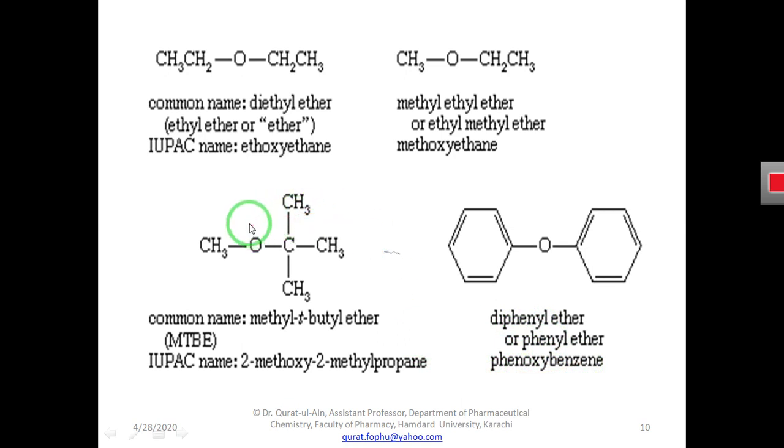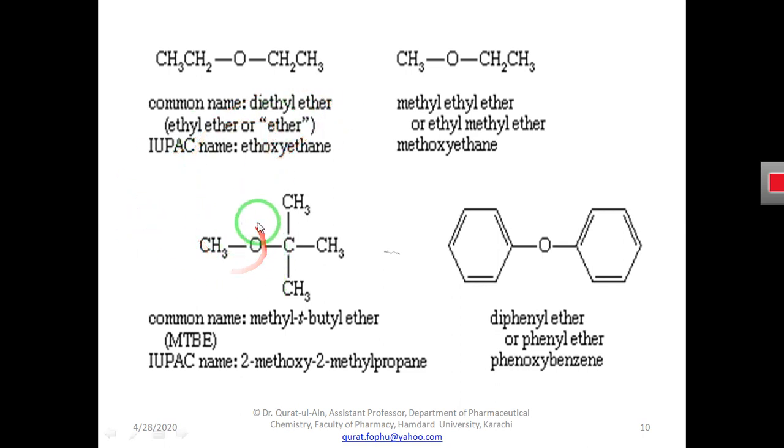However, if the methoxy group is present in more complex structures, we will consider this if the alkyl group is present in a more complex structure, means if the ether functional group is present in a more complex form.